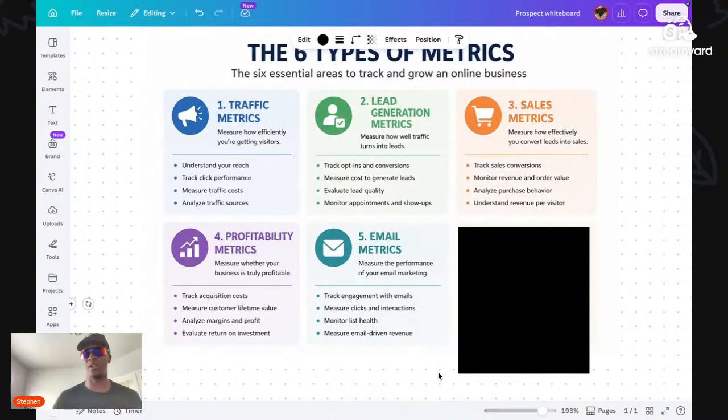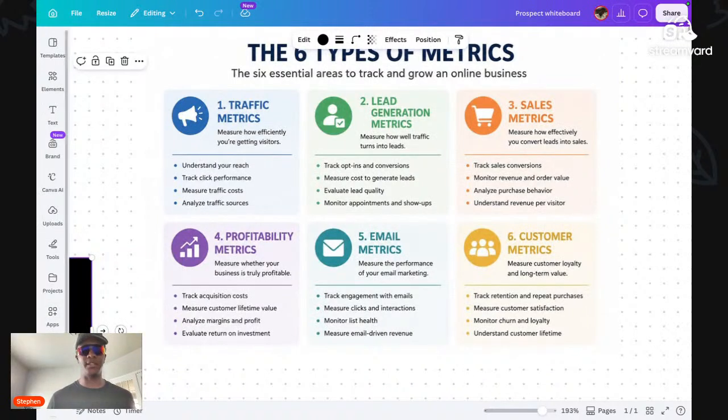And one of those places was email. We need to measure email-driven revenue. This helps us understand where our audience lives. Where does our target audience live? What are the habits and the buying habits they have? What is the buying psychology of that? We're going to see that through traffic metrics, lead generation metrics, sales metrics, profitability metrics, and email metrics as well.